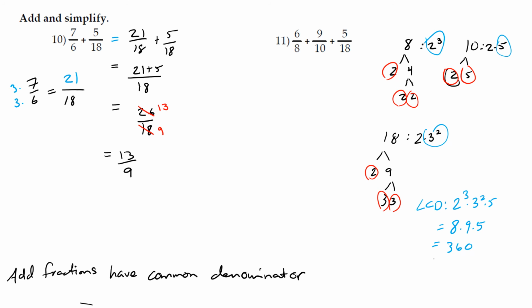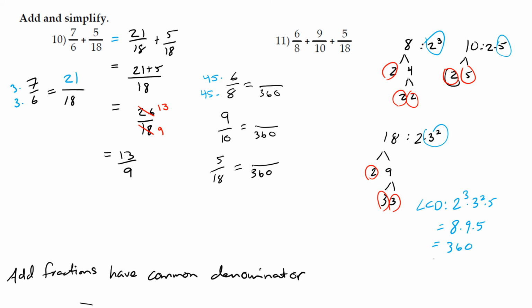Alright, so now we need to convert each one of our fractions here. So 6 over 8 with something over 360, 9 over 10 with something over 360, and 5 over 18 with something over 360. So 360 divided by 8 is 45. So I'm going to multiply the top and the bottom by 45, so I keep these equivalent.